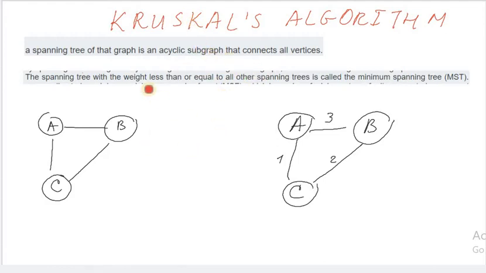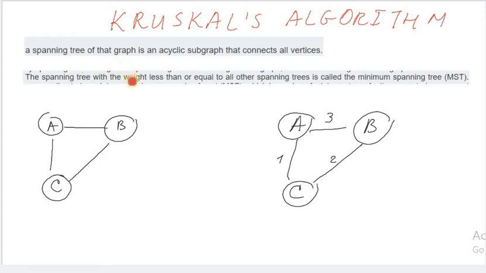But before going on, let us define what is a spanning tree and what is a minimum spanning tree of a graph. So a spanning tree of a graph is an acyclic subgraph that connects all vertices. And here we should remember that the graph is undirected and weighted.